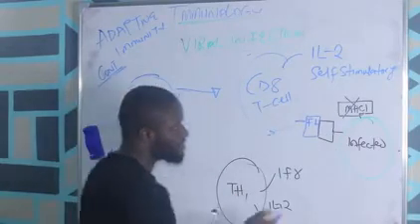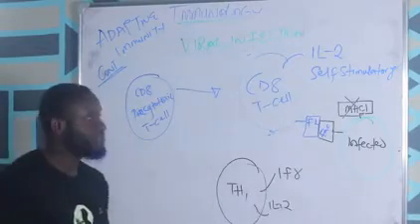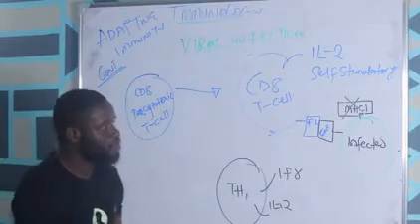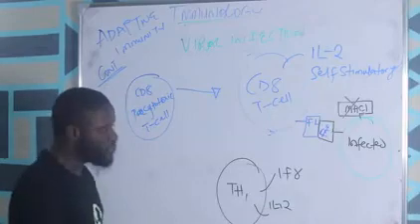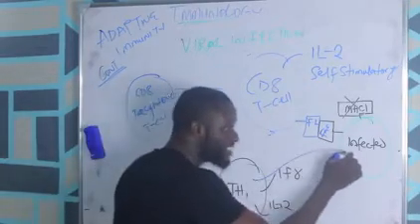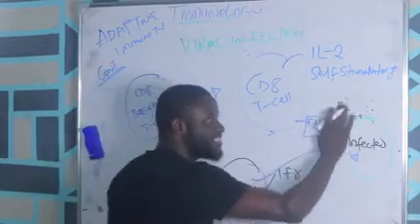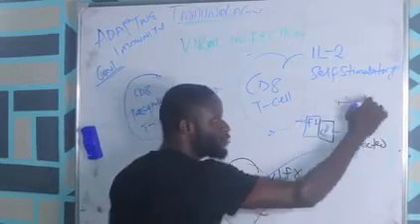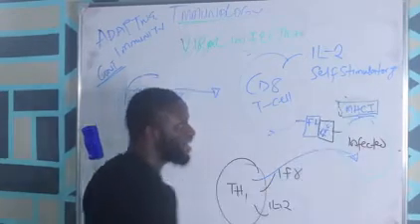When these two things are bound, remember that on the infected cell, MHC1 is not expressed. What is the function of this interferon gamma? Interferon gamma goes to the infected cell and tells it, please start expressing MHC1 on your cell membrane. So MHC1 is now expressed.